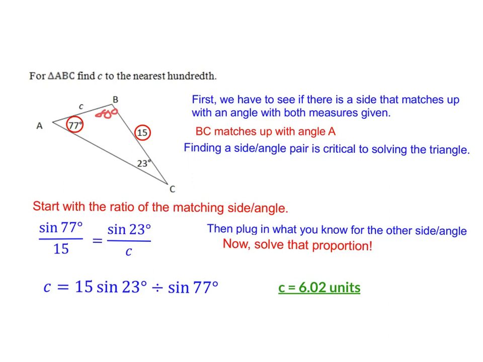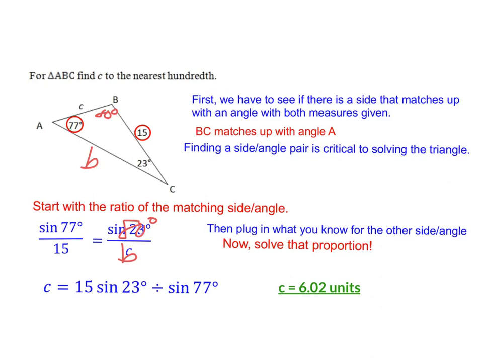So even if we weren't given this angle there, and it said solve the rest of the triangle, what we could do is then find that third angle, and then now I'm looking for side B. So I would start this problem over again, and the sine 77 over 15 would be the same, but instead of it being 23, this would be an 80, this would be B, and I'd solve that new proportion to find side B. So the process of actually solving the entire triangle is not much different than what we did. You just have to keep going, okay? And that's going to happen in your homework tonight.